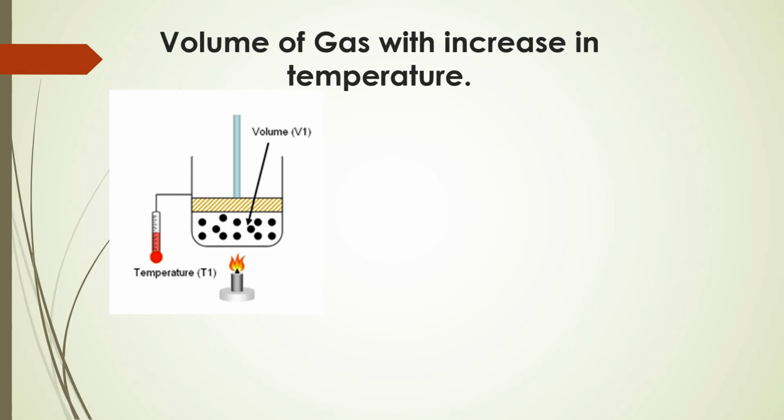Here we can see a closed container where there is gas, but one wall of the container is made by a movable piston. Now when the gas is heated, the kinetic energy of the gas particles increases, due to which the molecular motion increases, and with that increased molecular motion, the pressure on the walls also increases.